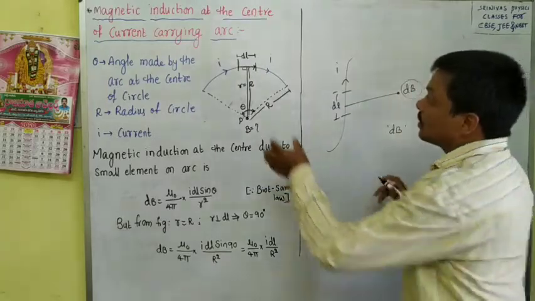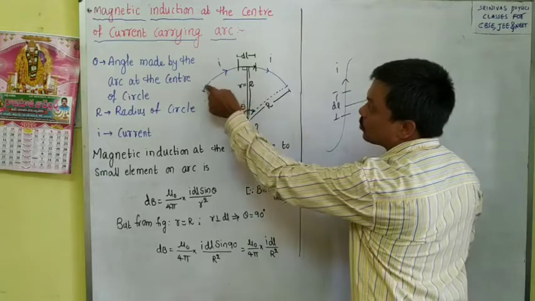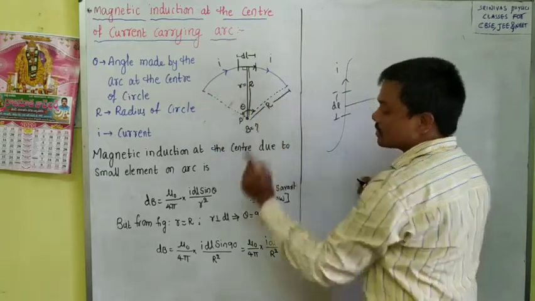Since we know the magnetic induction due to the small part as dB, for the total arc we just have to integrate.